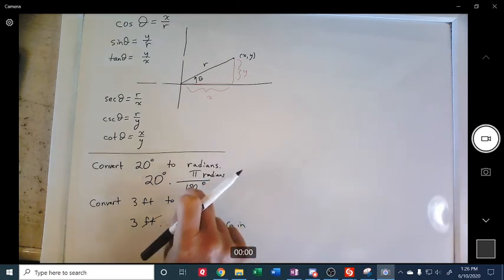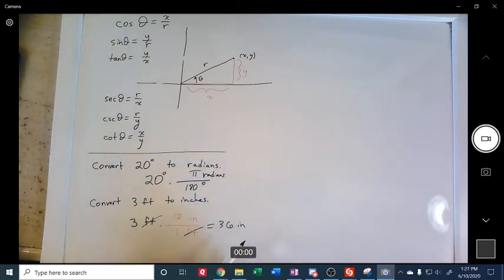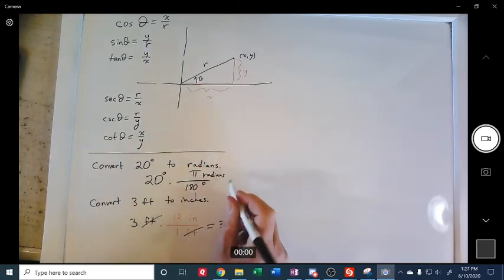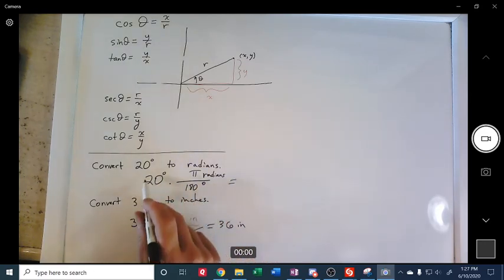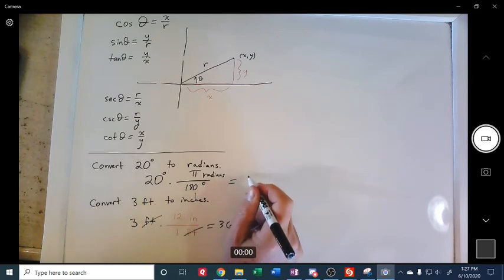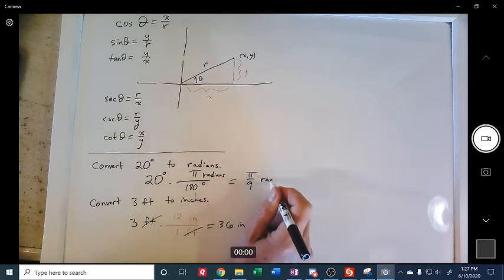I could have gone 360 and 2 pi. It would have turned out to be the same. And then we reduce this. Now the zeros cancel out, and 2 over 18 is the same as 1 over 9, so it just becomes pi over 9 radians.